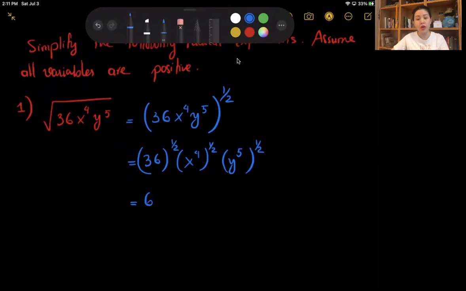So I'm going to take 4 times 1/2. Half of 4 is 2, so it'll be x squared. Right. And y to the 5/2.